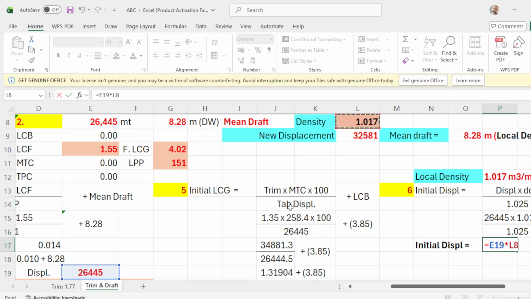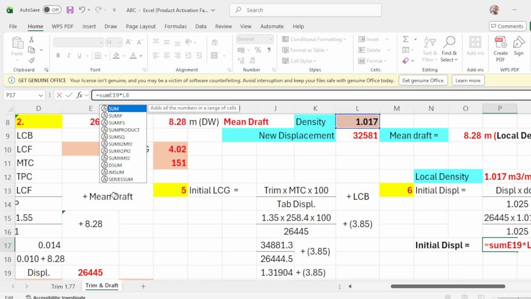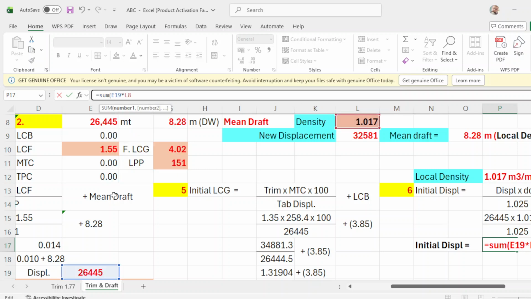So you put it this way, put here sum, open, then you close parenthesis and divide by 1.025.